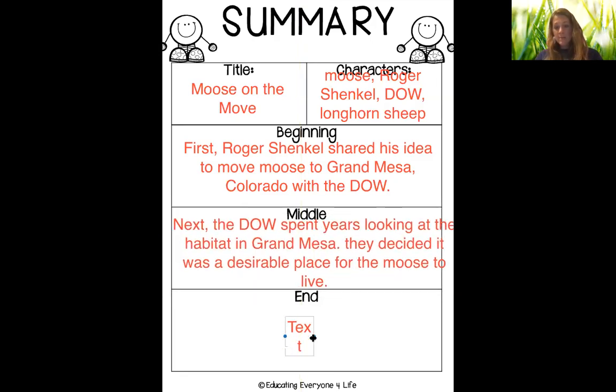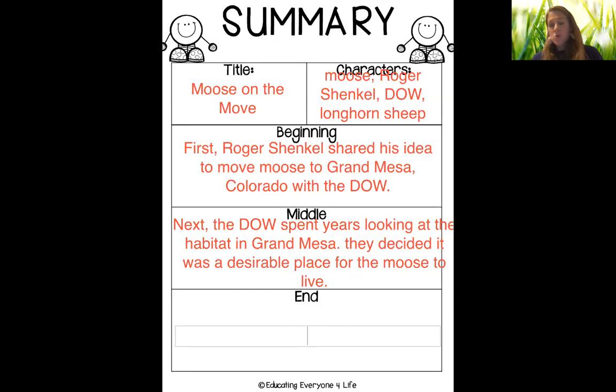So then, at the very end, what happens? After they decide that it was a desirable place for them to live? Yes. So they ended up being able to trade. The article ends with Utah has too many of the moose and Colorado has too many of the longhorn sheep.